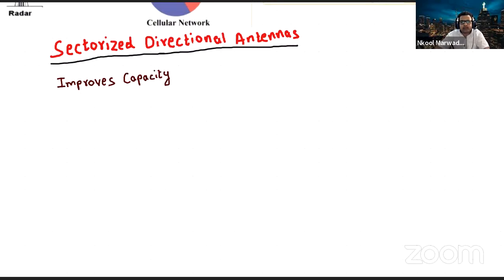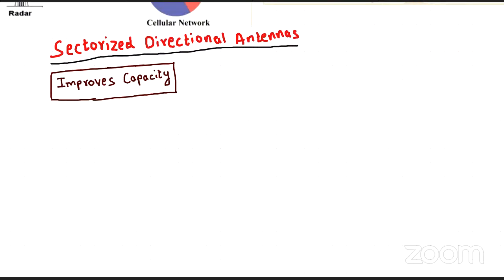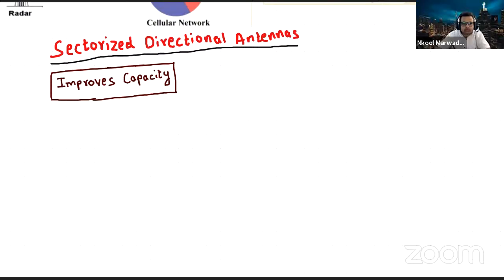First, let us understand the meaning of capacity. Capacity means the number of frequencies, the number of channels. Every frequency is a channel, and if I say improving the capacity, I am saying that I am increasing the number of channels. How? That is the question in front of us.